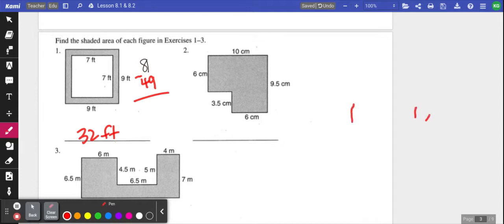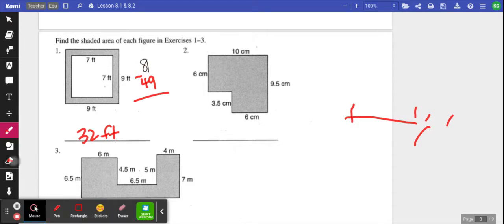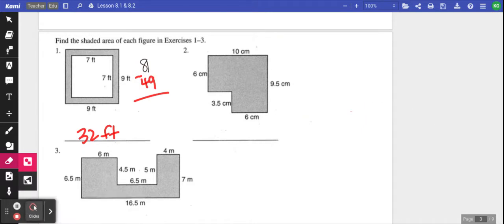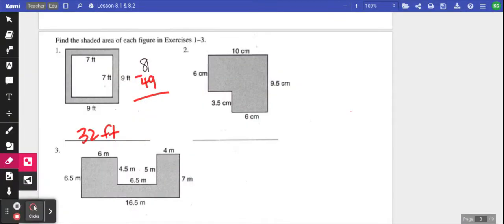On the second one, I actually have two different figures here that I need to split up. And so I'm going to split it, and I can split it either this way or this way.